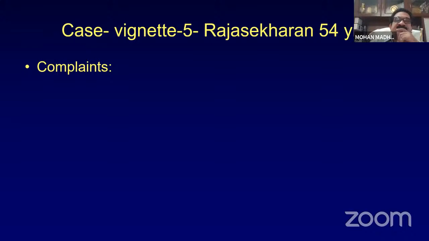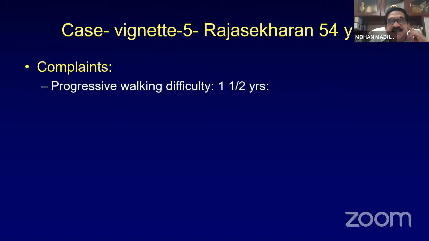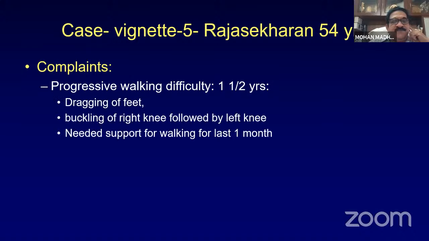It's another interesting case. It's a 54-year-old male patient with progressive walking difficulty for the last 1.5 years, in the form of dragging of the feet, buckling of the right knee followed by the left knee, maybe due to weakness, maybe some other things which you'll come to know later on.